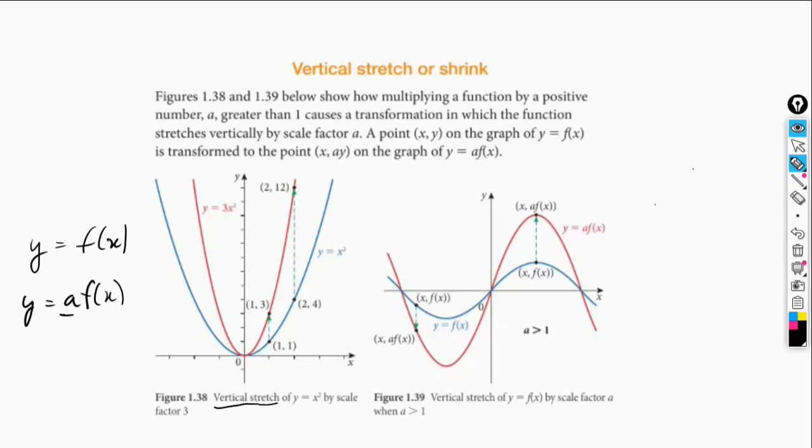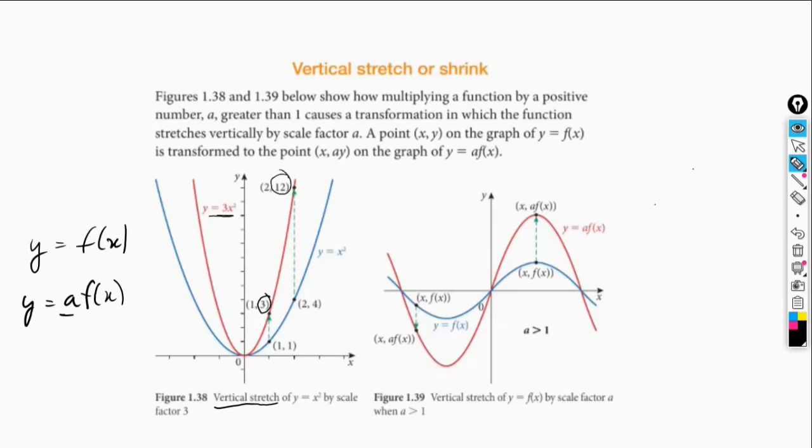So for instance, here we have x squared in blue in figure 1.38, and then we have y equals 3x squared. Notice that what's going to be affected, again, is only the y coordinate. So every y coordinate will be multiplied by 3. Notice that 1, 1 becomes 1, 3. 2, 4 becomes 2, 12.